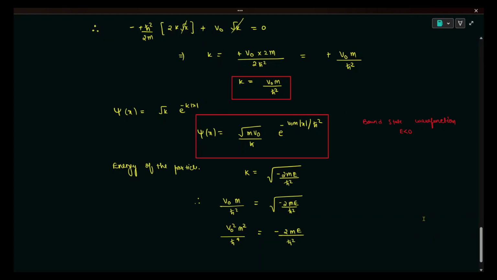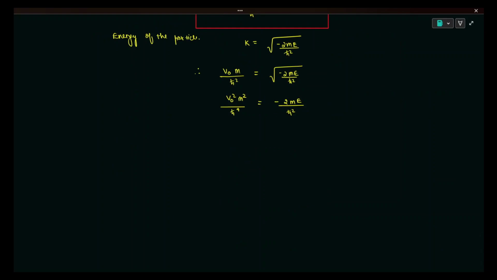So if you cancel m and h cut square from both sides, then you will get E as negative v naught square m divided by 2 h cut square. So this is the energy of the particle when it is in the bound state of the Dirac delta potential. And notice here that this is the only bound state energy possible.